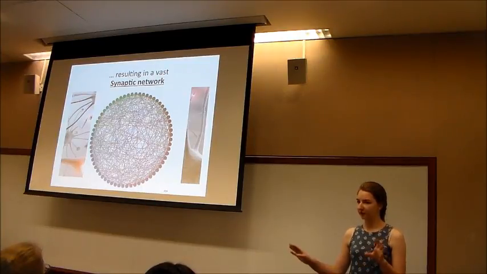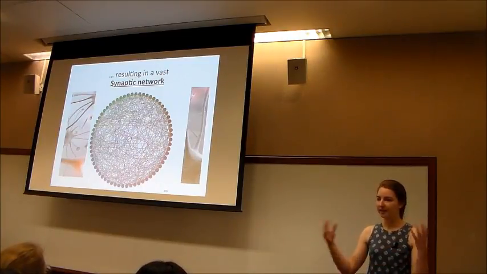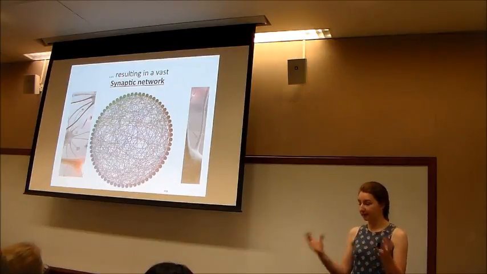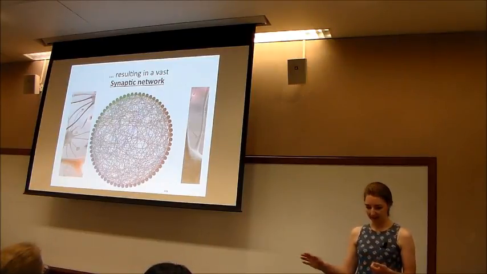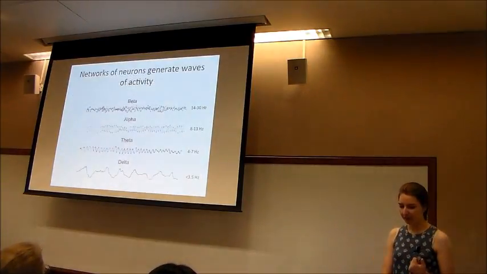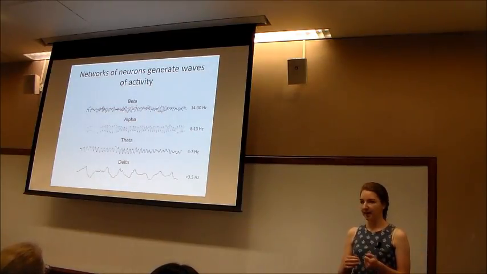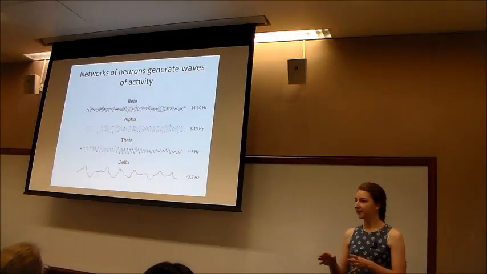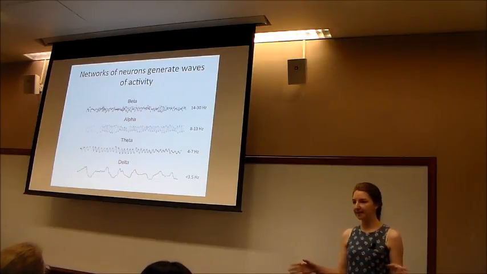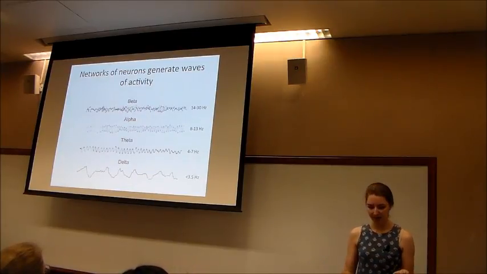That's a feature of networks: their activity, if you look at the sum of it, will look wave-like. You've probably heard before about brain waves, and there are different types of brain waves. The shape of the brain wave is determined by how synchronous or asynchronous the activity of the network is.